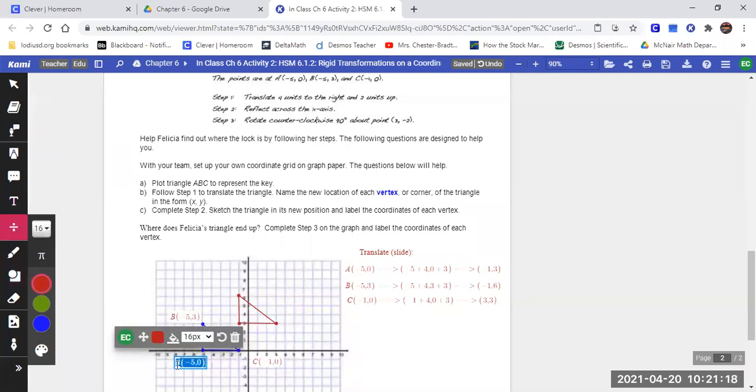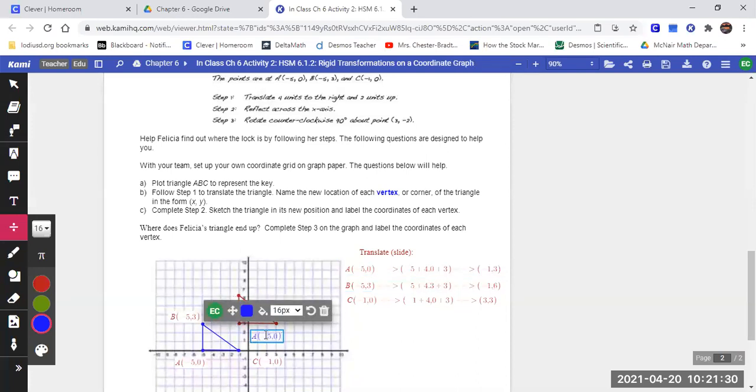I'm going to borrow the coordinates from A before. But I'm going to change them to the new one that was -1, 3. And I'm going to put 1 tick mark on my A, because that's where my A is now. It's in a new location.